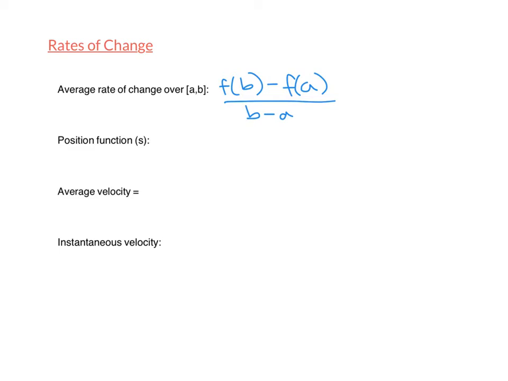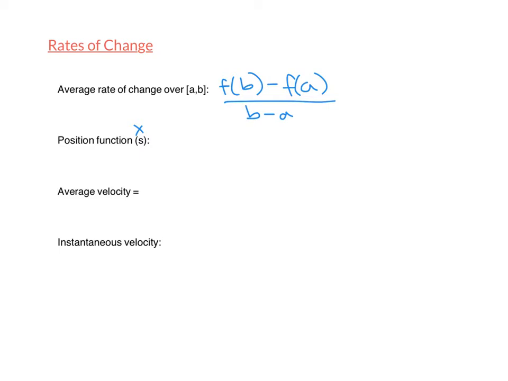The next thing I would like to talk about is the position function. By the way, that s is not meant to pluralize the word function. In calculus, we oftentimes use the variable s to represent a position function. Another one that we use frequently is x. That one gets used in physics also. So if you see s of t or x of t, that's most likely going to represent a position function.